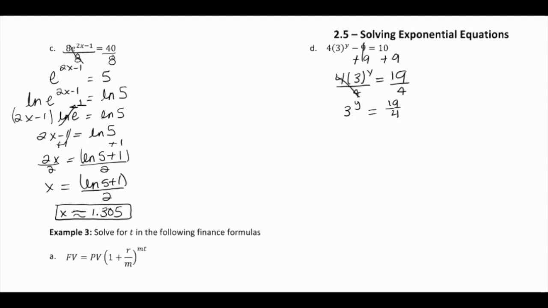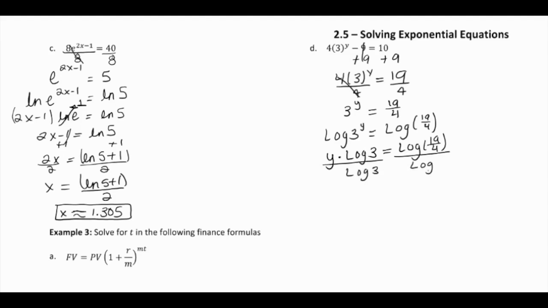From here, we take the log on both sides. So log of 3 to the y equals log of 19 over 4. We apply the power property of logs, so y times log of 3 equals the log of 19 over 4. Divide both sides by log of 3.